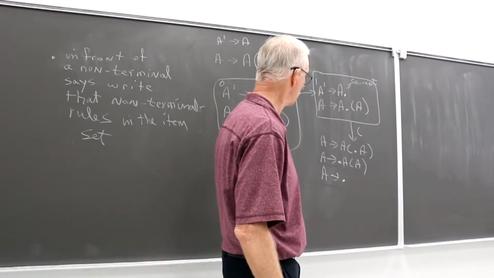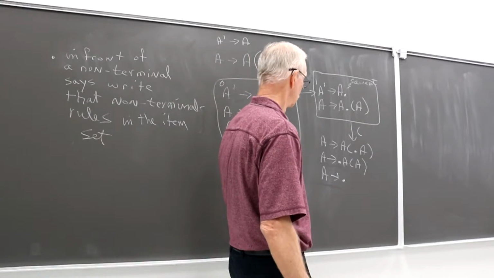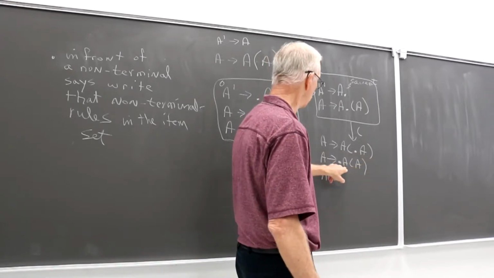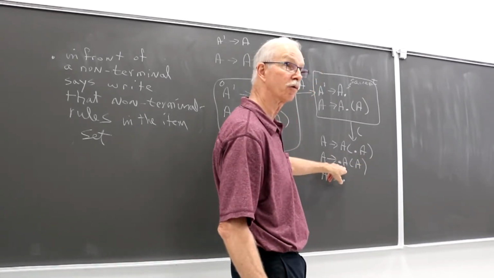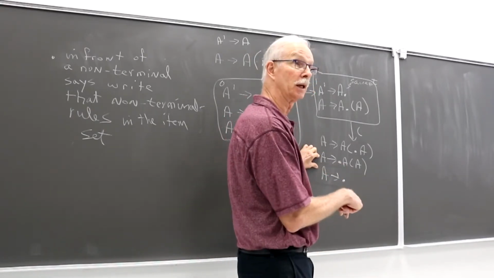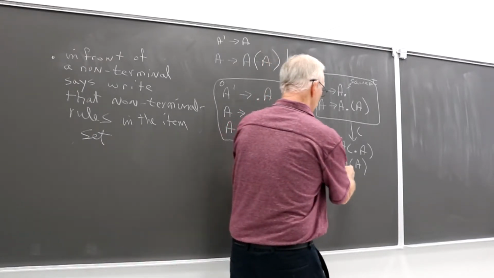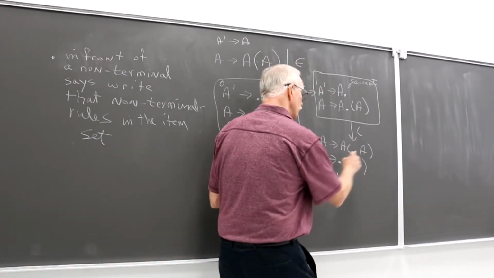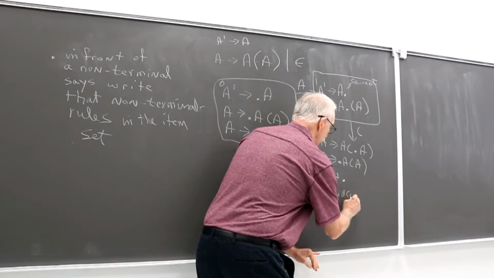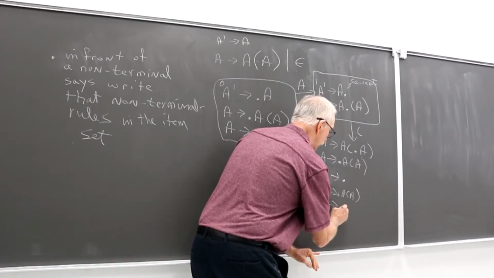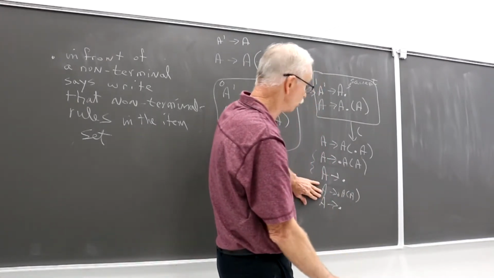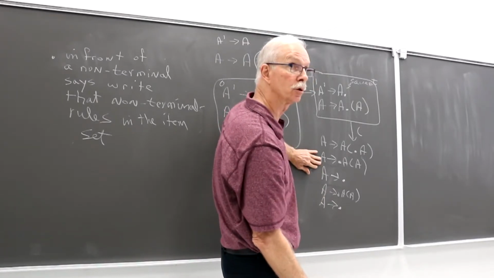All right, so now, if it sees an A, would it go back up to the first set? Well, this A, yes. A period in front of this A says write A's rules again, with the period in the beginning. So these two rules were the result of this. Now I'm going to write A goes to dot A paren, and A goes to dot as a result of this. But these two are identical to these two.